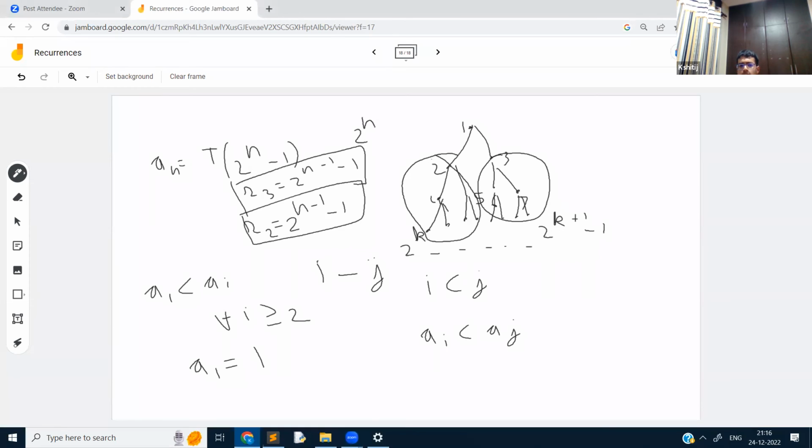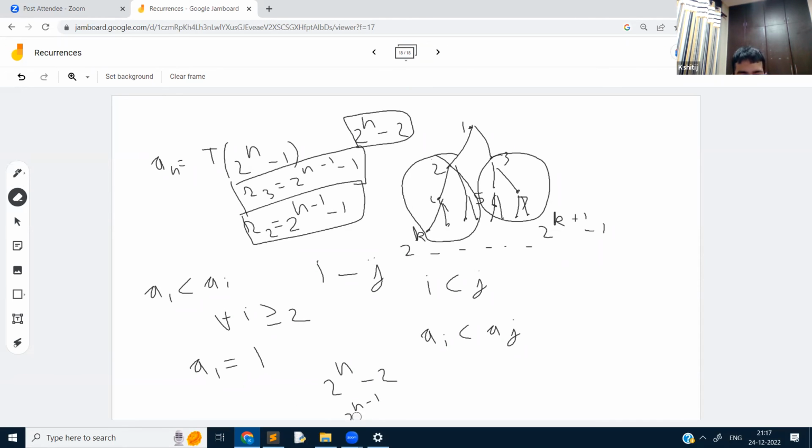Now, notice that we have 2 to the power n minus 2 numbers remaining, since one number has been used. Half of them have to go to the left half and half of them have to go to the right half. So there are 2 to the power n minus 2 C 2 to the power n minus 1.